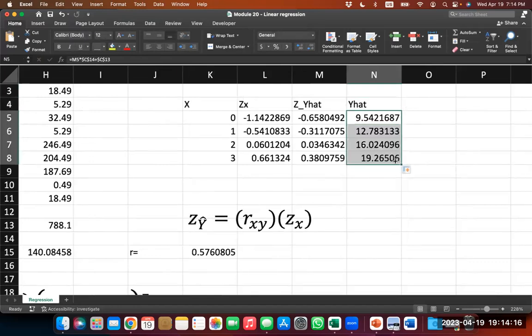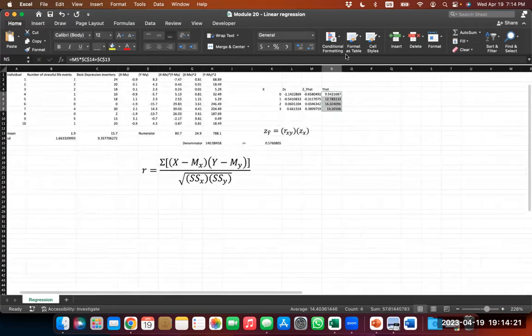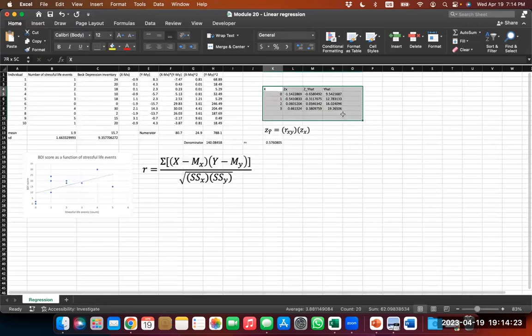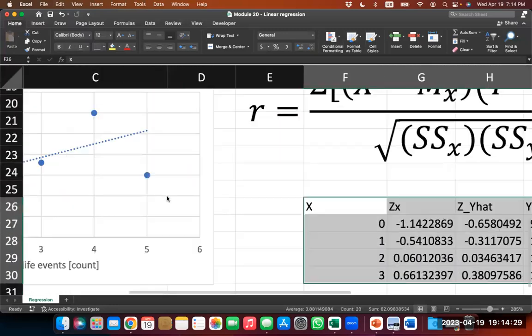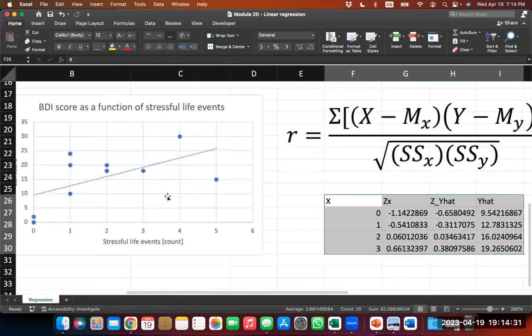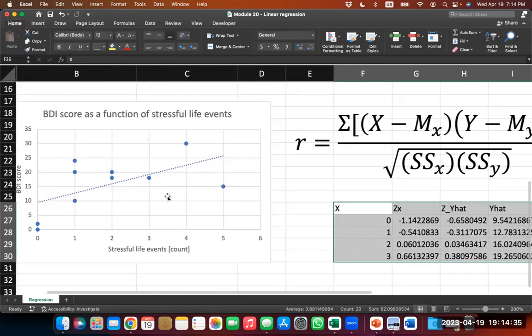So what does this mean now? If we're zooming in and looking at the regression function, we have 9.5 where x equals 0.